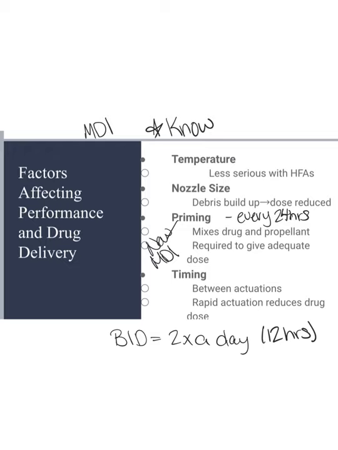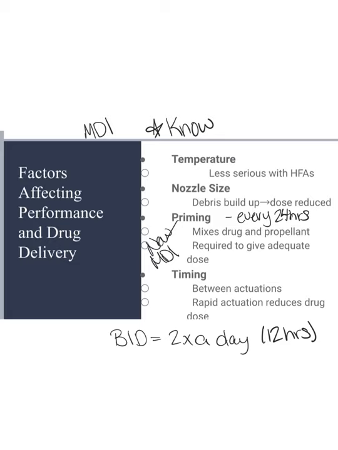So if a patient has an albuterol MDI and they haven't used it for a month, they're going to want to shake it up, and then give 2 doses away from their face. So it's getting rid of those first 2 puffs. This is required to give an adequate dose so they're not getting all propellant. And then timing between actuations.